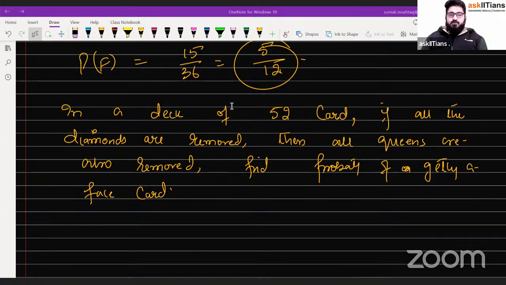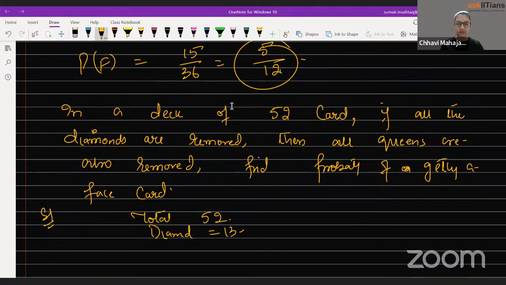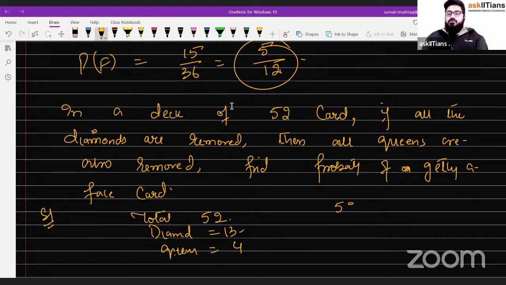See, total are 52 cards. Total diamonds are 13. Total queens are 4. Now from the 52, you have to remove 13.